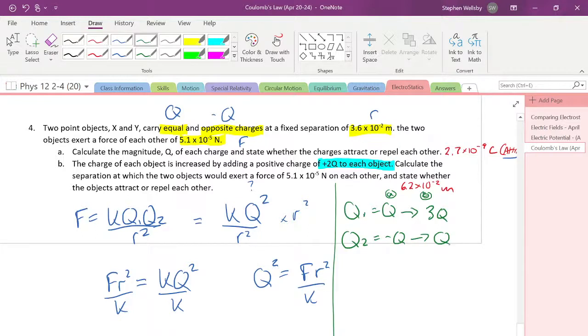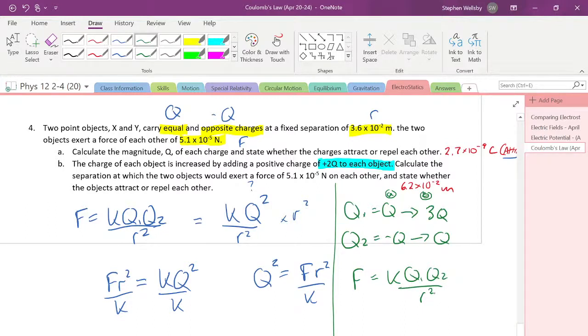So this gives us a good place to start from. In this case, we already know what F is going to be, it's going to equal this still, and we're trying to solve for R squared.